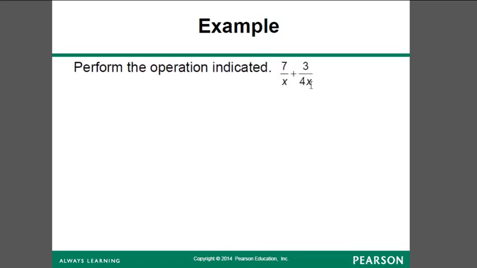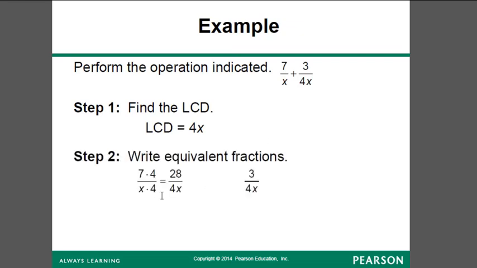Here we have a variable in the denominator, an x. That's perfectly legal. The denominators are not the same though, because I've got an x and I've got a 4x. So my denominator, least common denominator, is actually going to be 4x, because I can multiply this x by a 4 to get 4x and write my equivalent fractions.